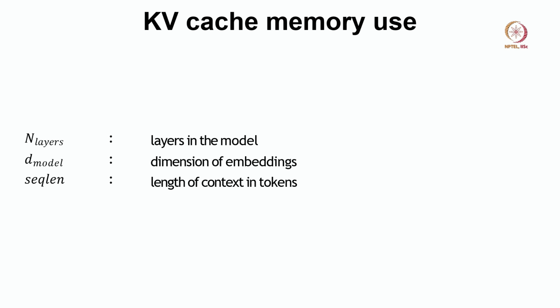With these parameters we need to know the size of the KV matrices, or the size of the KV cache. If you remember, the matrices of K and V were of the size D model by sequence length.